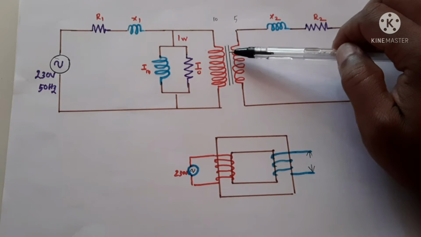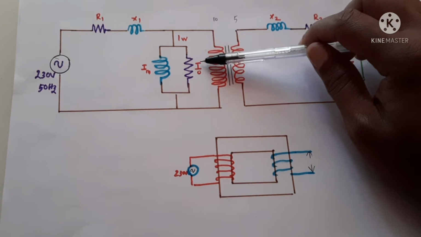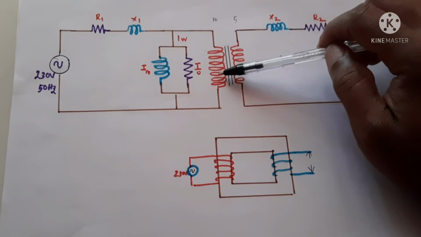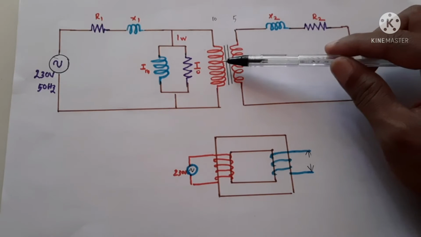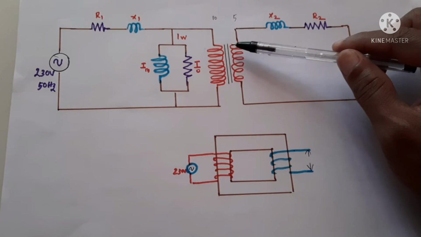Inside the magnetic core there will be some current. This current produces heat, and this is not a useful current, so it is considered as eddy currents. To reduce that, we use thin layers of iron in the core.